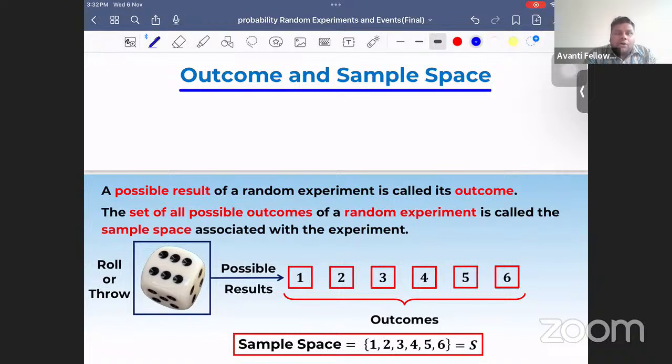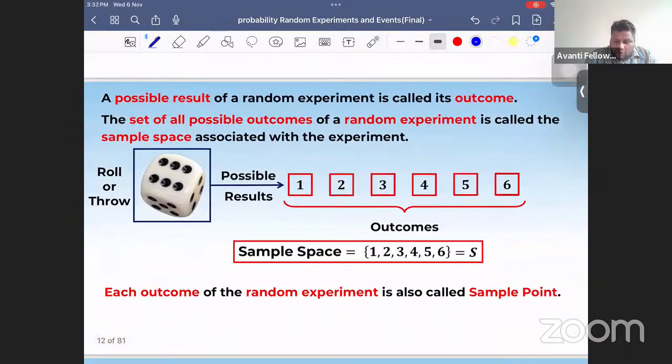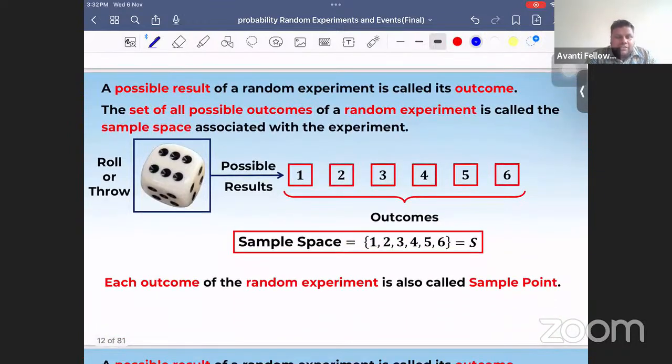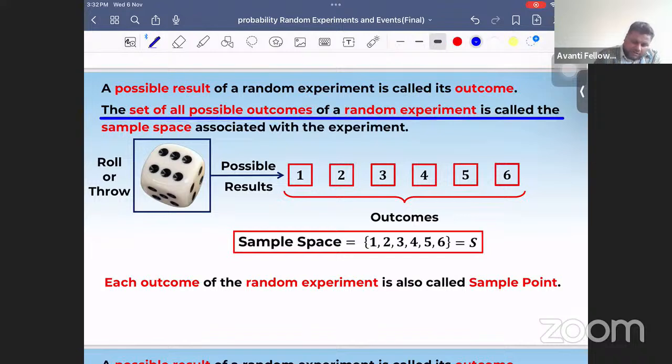And the set of all these possible outcomes of a random experiment is called the sample space associated with the experiment.